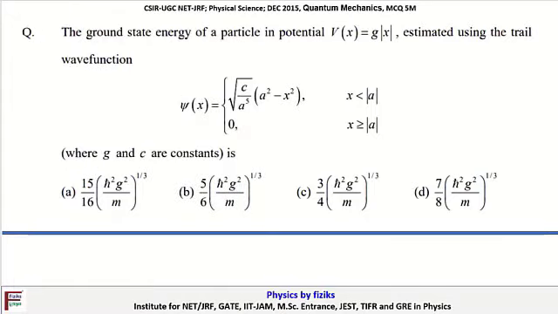This problem is related with the variational principle. Here, the ground state energy of a particle in potential V(x) is equal to g mod x. Using the trial wave function, we have to determine the energy. Solution.